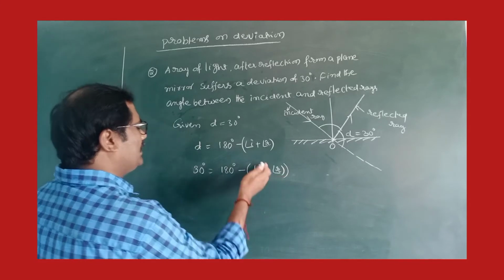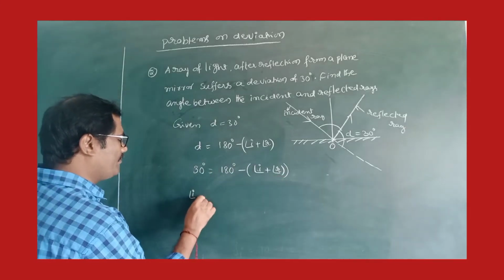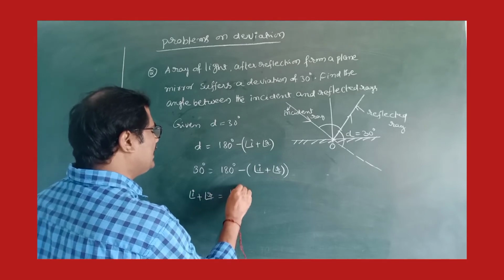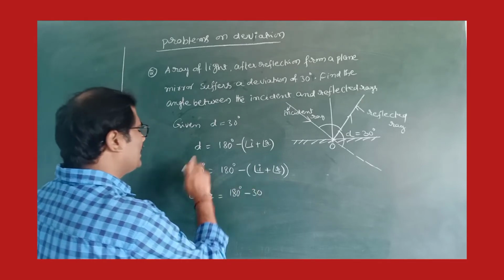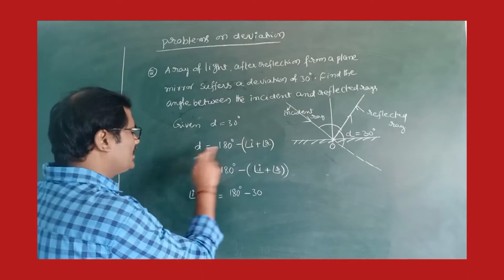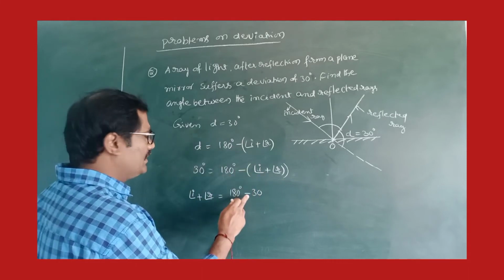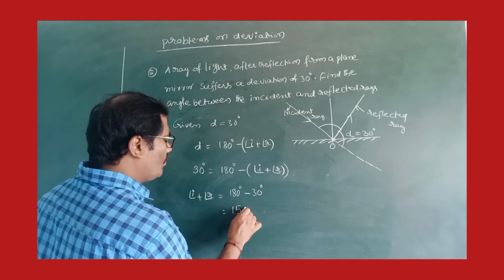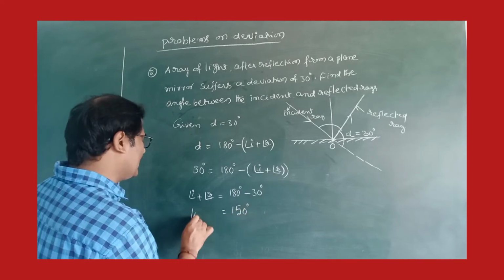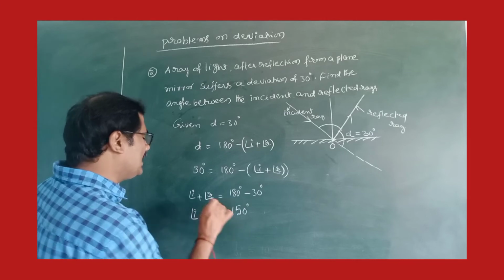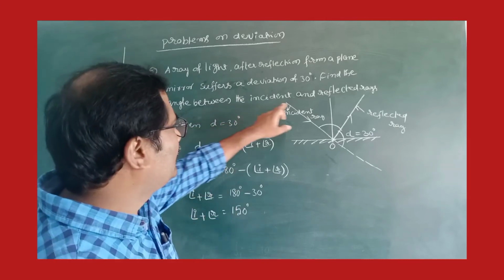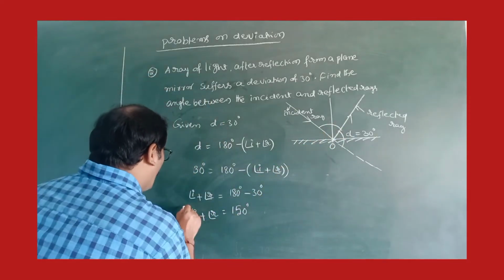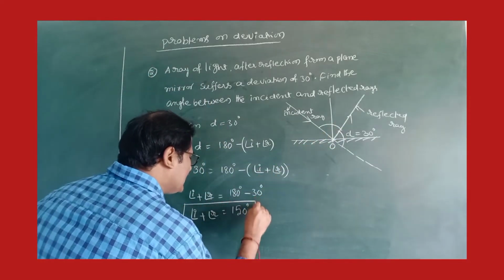That means angle i plus angle r is equal to 180 degrees minus 30 degrees, which is 150 degrees. That is the angle between the incident ray and the reflected ray.